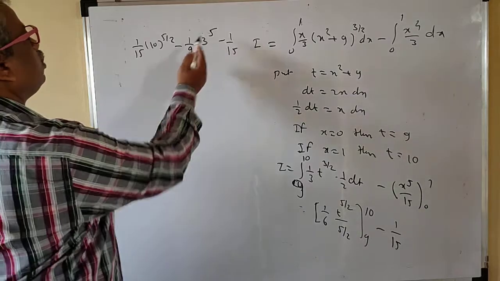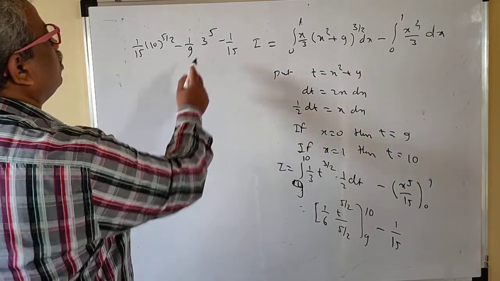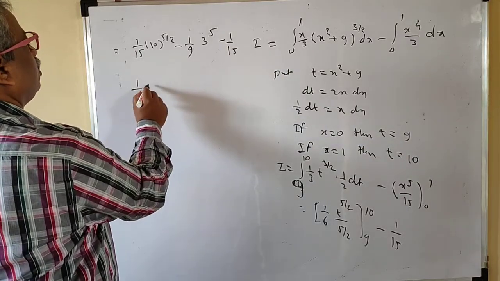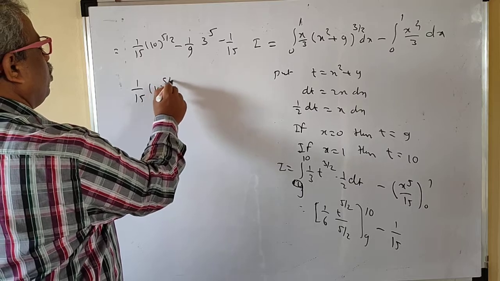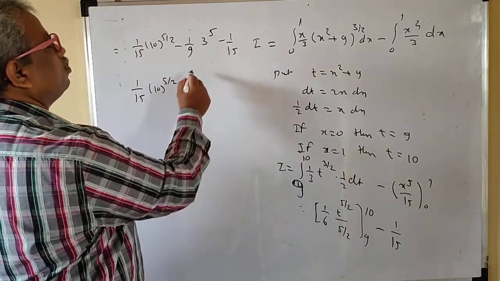So here, 3 raised to 5, you can simplify this. This is 1 by 15, 10 raised to 5 by 2, minus, so this is 3 square, so this is 9.